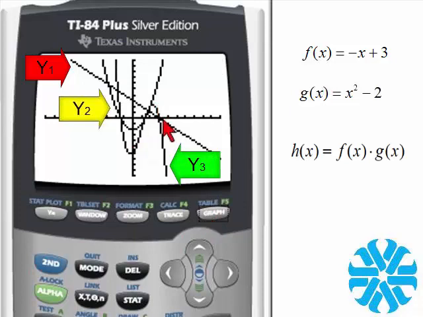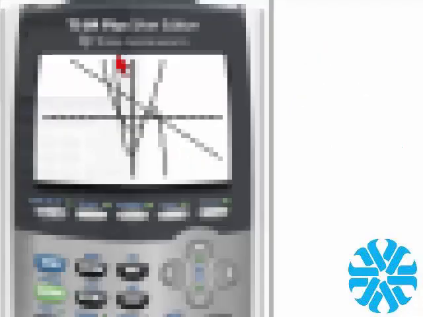So here is the cubic function. All right, so that's the product of this linear function and the parabola. The product of those two gives us this cubic right here.